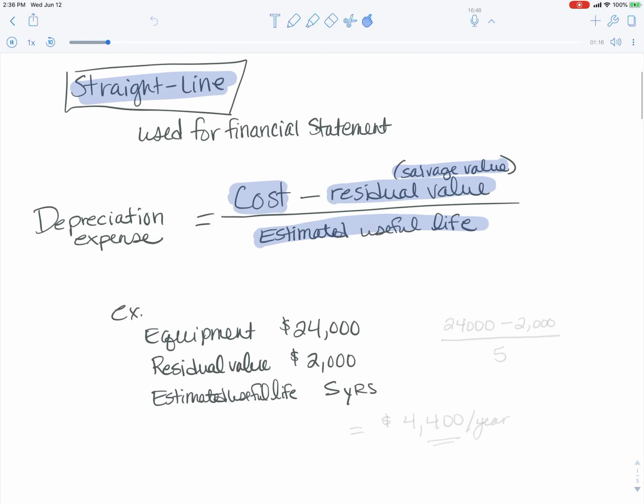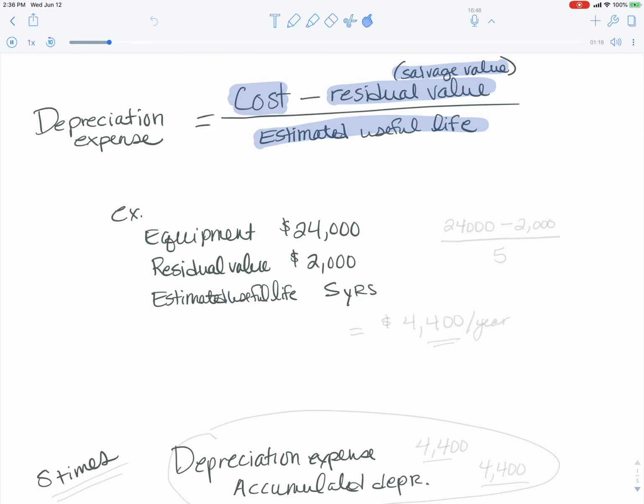So here's an example of how we can apply this formula. We have a piece of equipment that costs $24,000. That's our cost. And it has a residual value of $2,000. So we're going to subtract out 2 because we are not going to depreciate past that $2,000. We're only going to depreciate the 24 minus the 2.